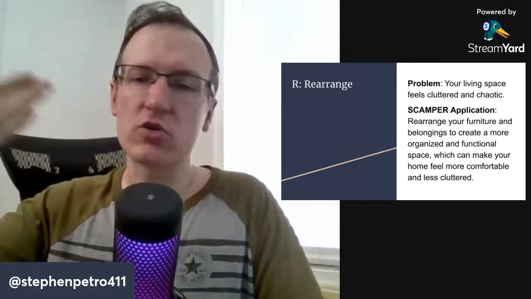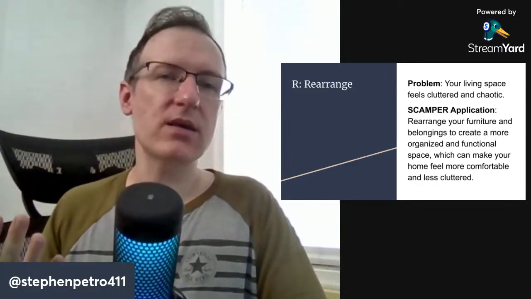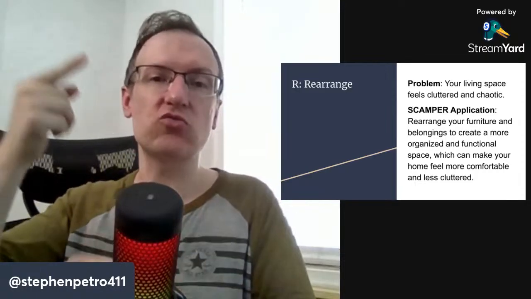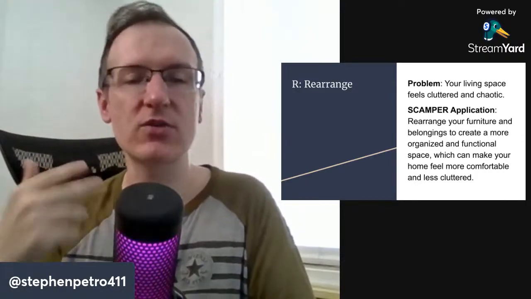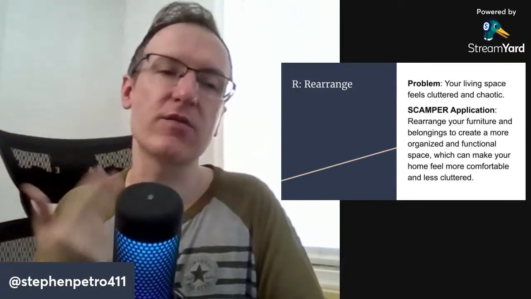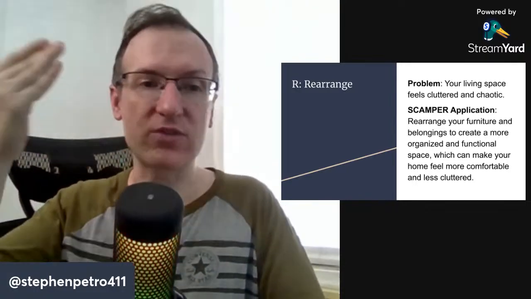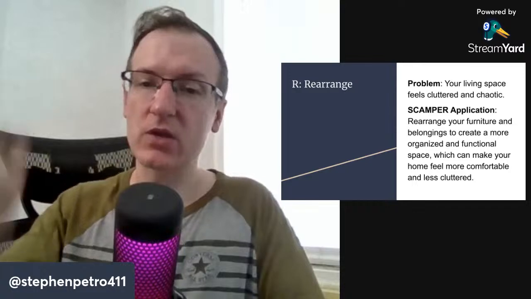Is the order that you're doing things absolutely necessary? Or if you simply rearrange the order, could that be more effective and solve the problem? A lot of times that is the key: simply rearranging the order in which you're doing things.